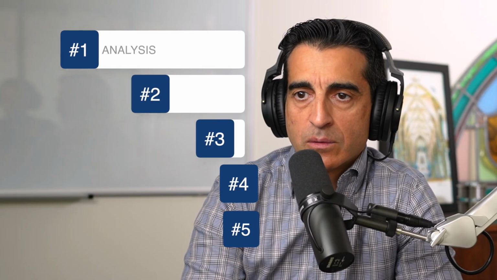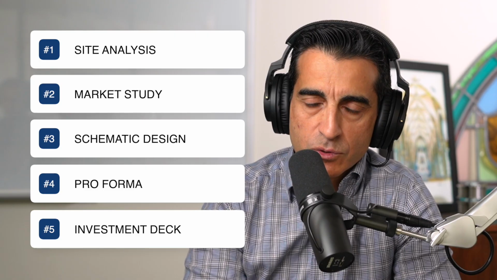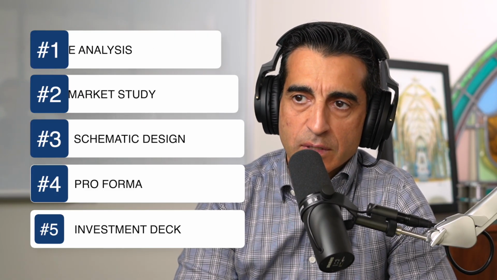So I think it's important to hit every one of these points to make sure you cover yourself and gather up all the data from all these reports, and then use them in the next steps of the feasibility study, which is the market study, the schematic design, and then ultimately a lot of these numbers end up in your pro forma and then into your investment deck.